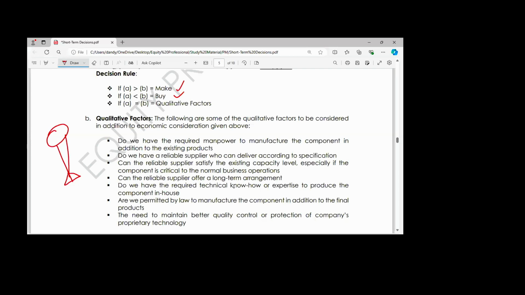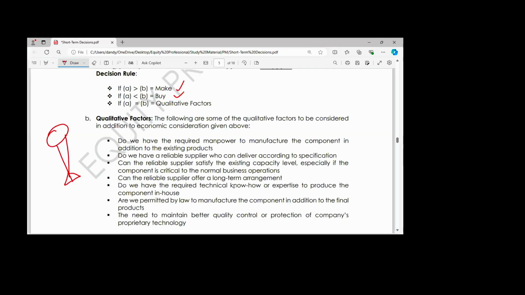Another factor is if the company has been producing that component in the past, and you now want to contract to an outside supplier, then you must ascertain that the supplier can maintain better quality control of the product, because customers have already tasted the company's product.